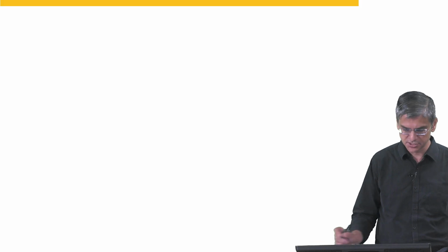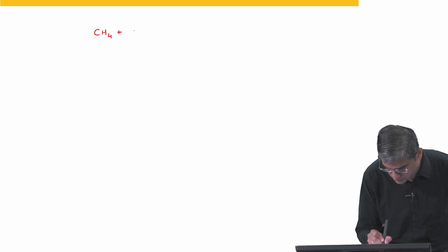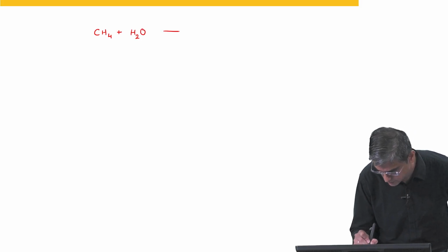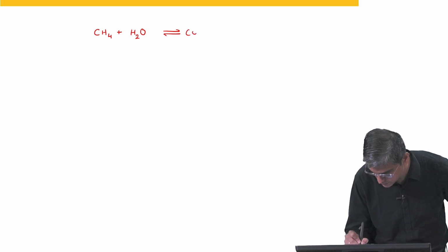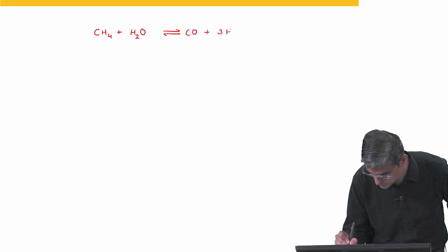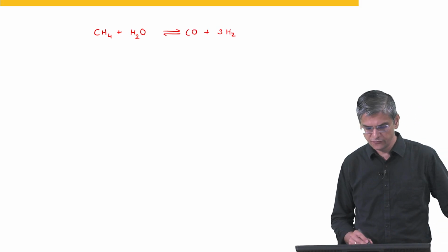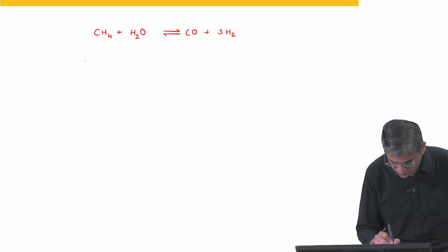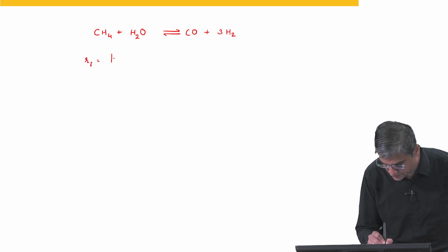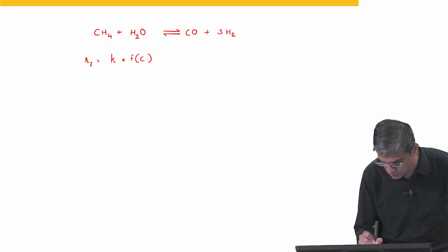In module 2, what we have done is looked at kinetics and thermodynamics of reactions. So, if you have a reaction of this nature, if we look at the rate of the forward reaction, we will typically write this in terms of k multiplied by some function of concentrations.